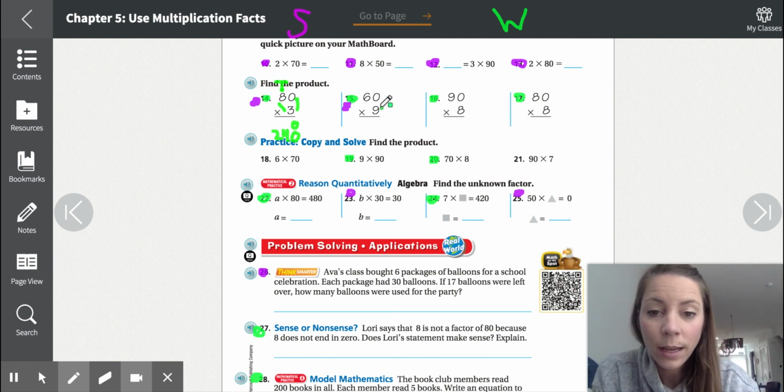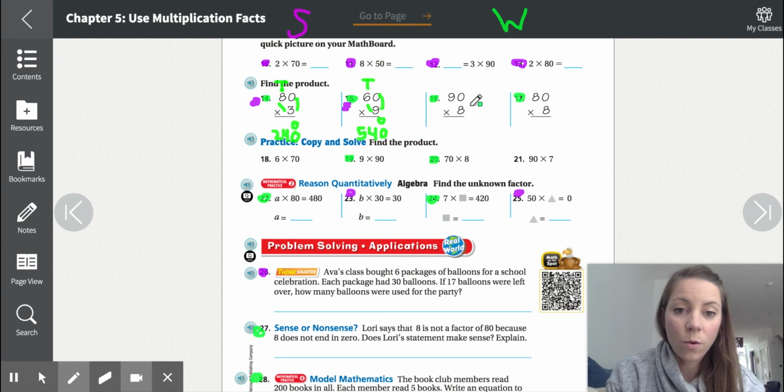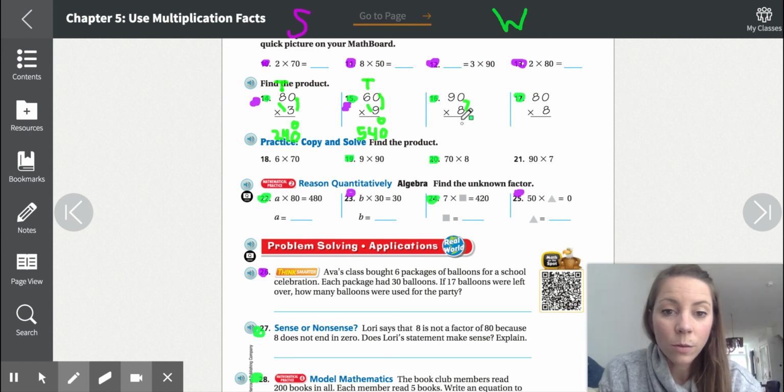Okay, 9 times 0 is 0, so you can just skip that. And then 9 times 6 is 54 tens. So you have to have that 0 because this is really 6 tens. 54 tens is 540. 8 times 0 is 0. And then 8 times 9 tens is 72 tens.